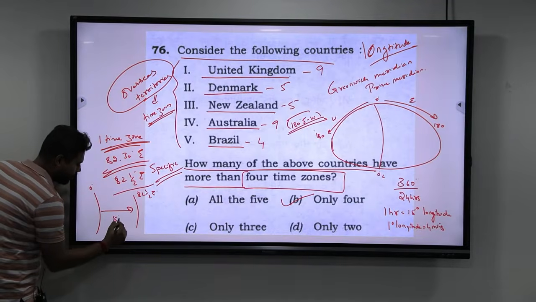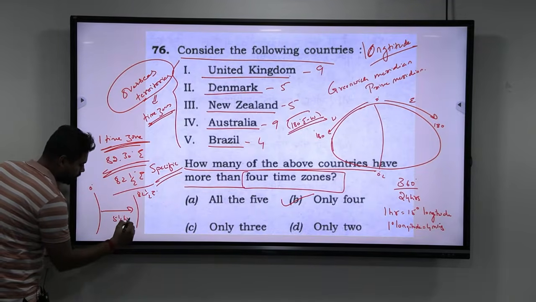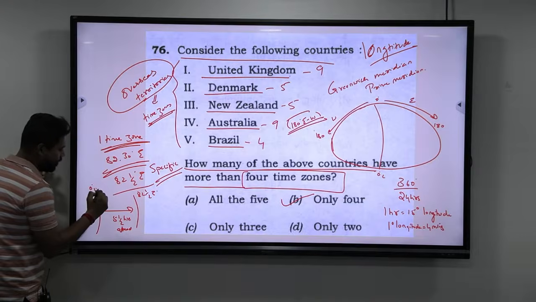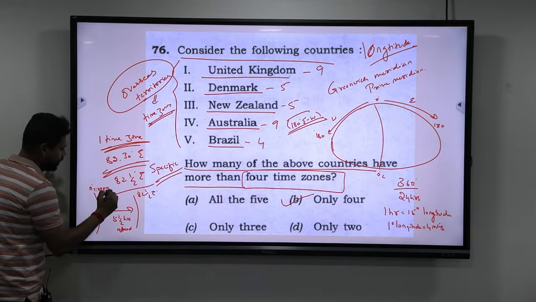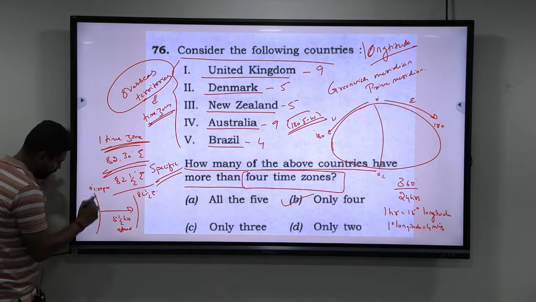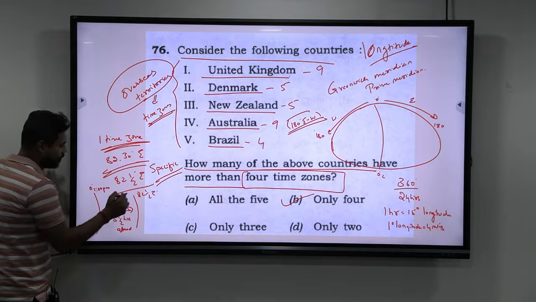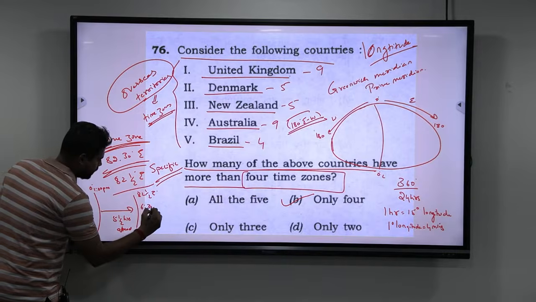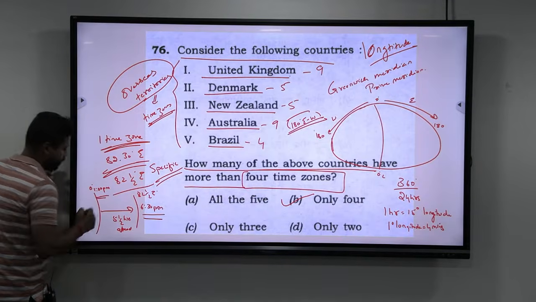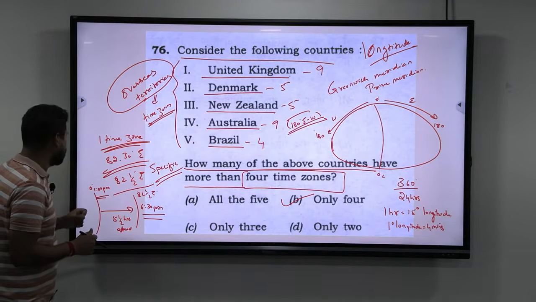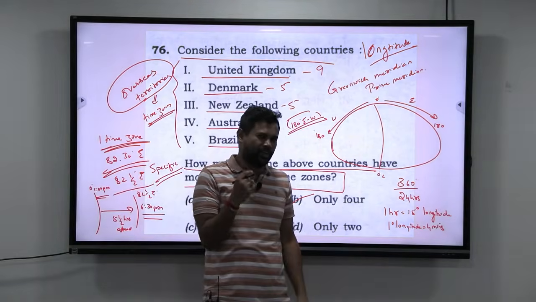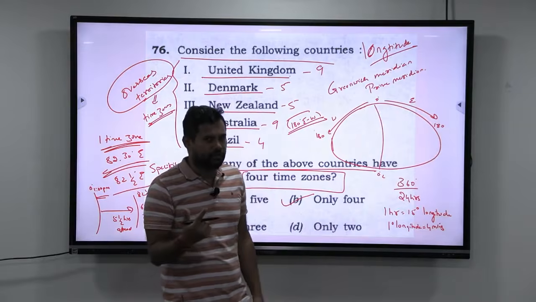We are 5.5 hours ahead. That is, if it is 1 p.m. along the prime meridian, then along India the time will be 6:30 p.m. So this is overall the idea about the time zone. But when they ask such questions where the question is very specific, it is a little difficult for us to know this.